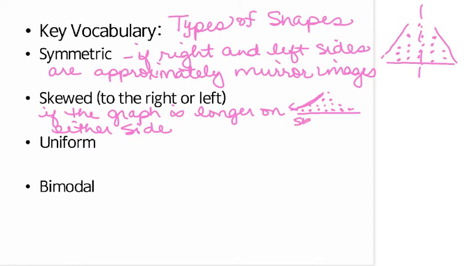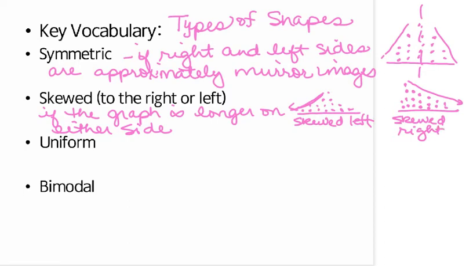So this would be skewed left. Likewise, if I had one like this, we can see that this slope is longer, this tail is longer, so that is skewed right. You always go to the side that the tail is longer.